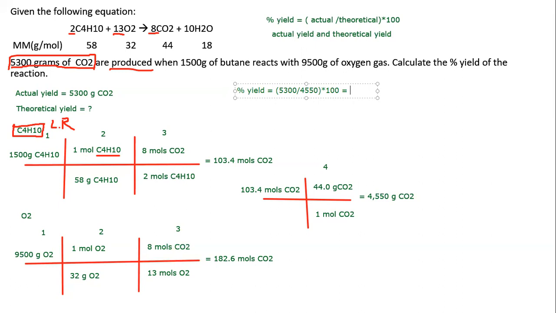So this would be 116% yield. If you were doing an experiment and got a percent yield over 100, that's a bad thing. Somewhere maybe you didn't dry your sample, or there was some impurity that was collected with this CO2. Less than 100 is okay. Greater than 100, not okay.